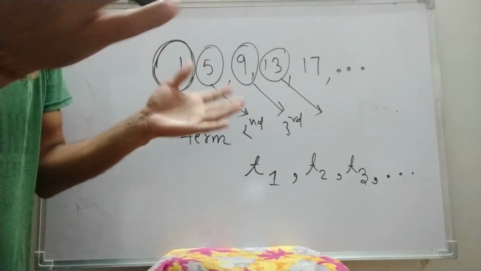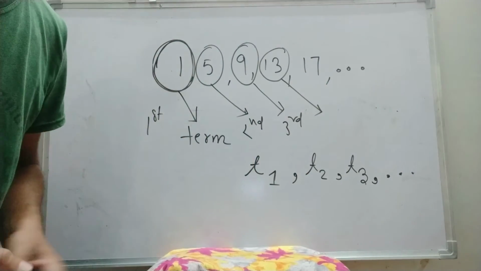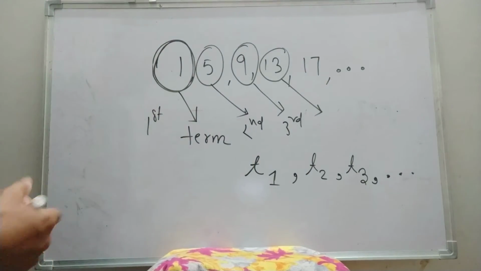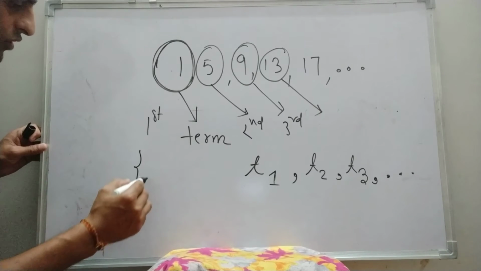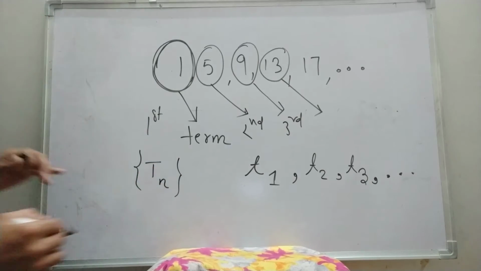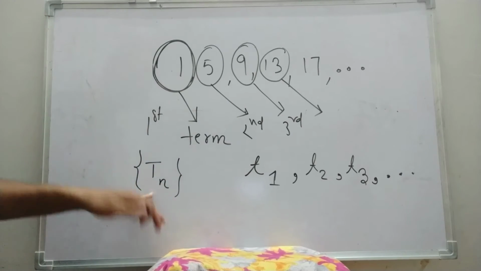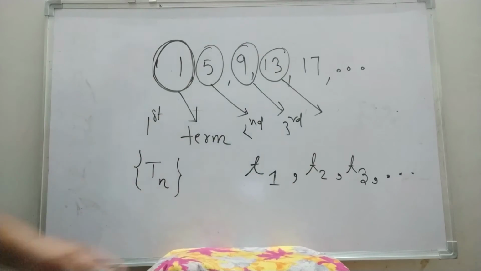So generally if you want to write a sequence in a particular arrangement, it is written as T n. That means the first term is T1, then T2, then T3, then T4.